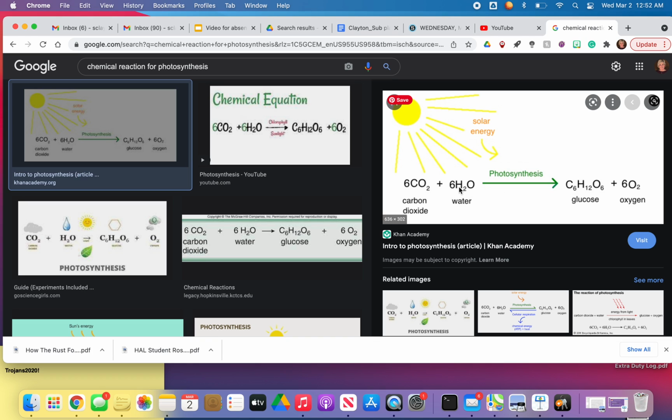The 12 hydrogen that I had over here, there it is right there. And then I actually had 18 atoms of oxygen. 6 times 2 is 12, plus another 6 right here. That's 18. And here I've got 6 and I've got 12 there. That's 18. So all of the atoms in the reactant will rearrange and form new substances in the product. Nothing goes away, nothing's left over.